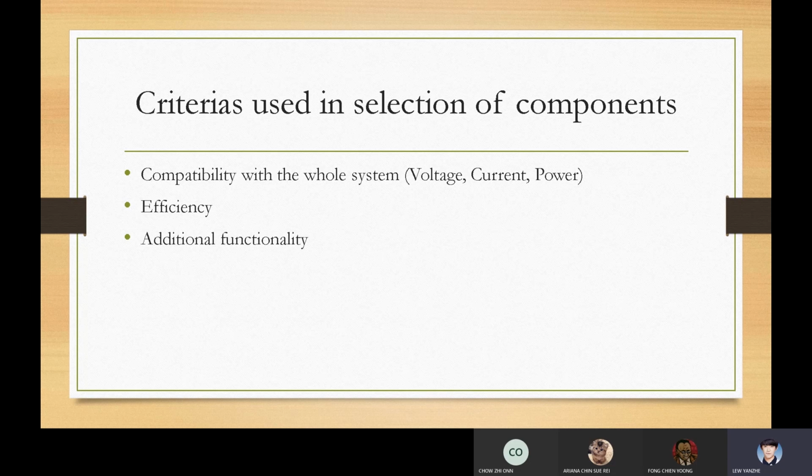The system is not independent, they are all interconnected, so I need to make sure all the voltage, current and power are compatible with each other. Secondly is efficiency, because efficiency means money. If I can lower the power loss, the overall cost can be lower. Thirdly, I see if there is any additional functionality, like controllers that can be controlled with internet. Those are the least important.